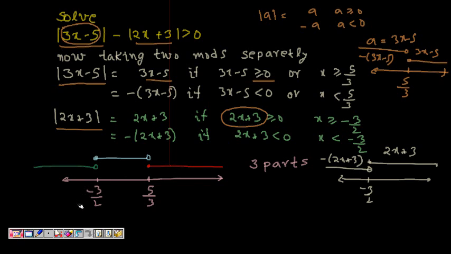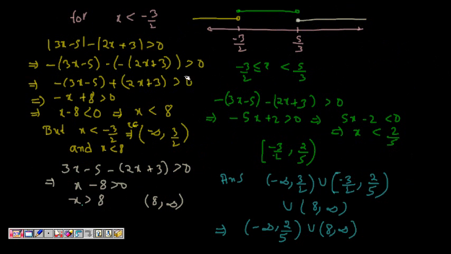Okay, so this is part 3. So we will define our function based on all these different parts in the number line. So this part, second part, and the third part. Okay, part 1, part 2, part 3.